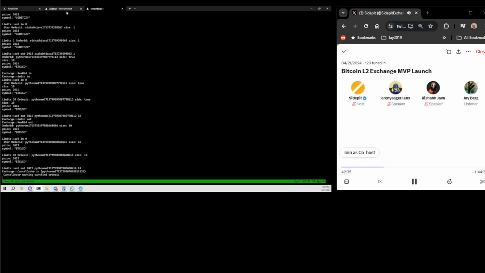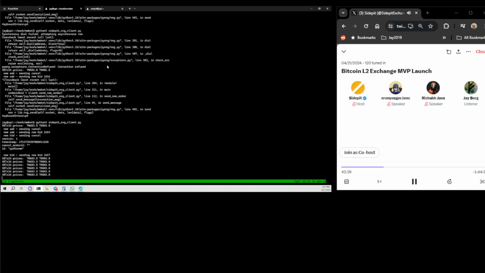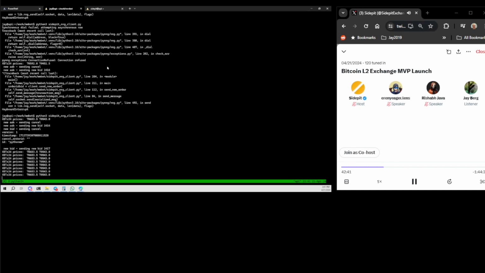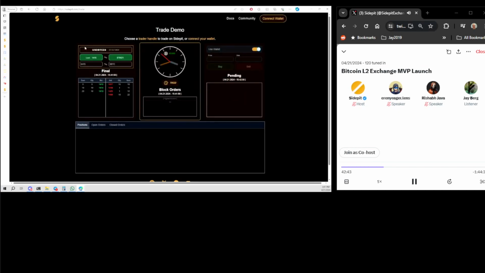Hey, also, there's no leverage here, right? Either there's no leverage or there's infinite leverage, right? There will be some leverage. In production, there will be leverage. Each contract is worth 10,000 US dollars in December.